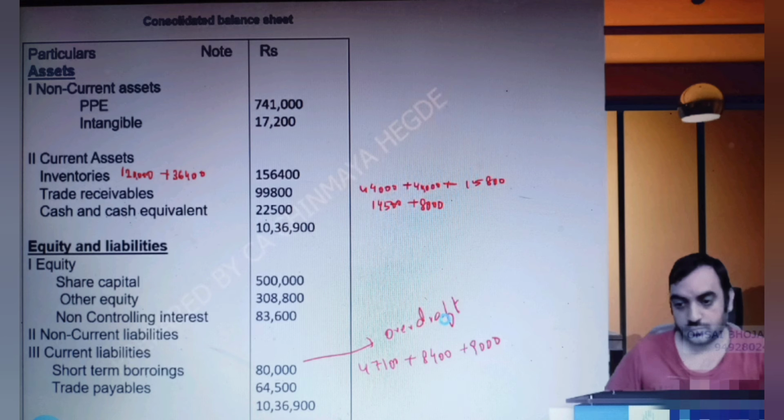So less depreciation for 6 months. 10% on 1,50,000 means 15,000, and for 6 months means 7,500. So WDV on 1/7/2011, date of acquisition, is 1,42,500.